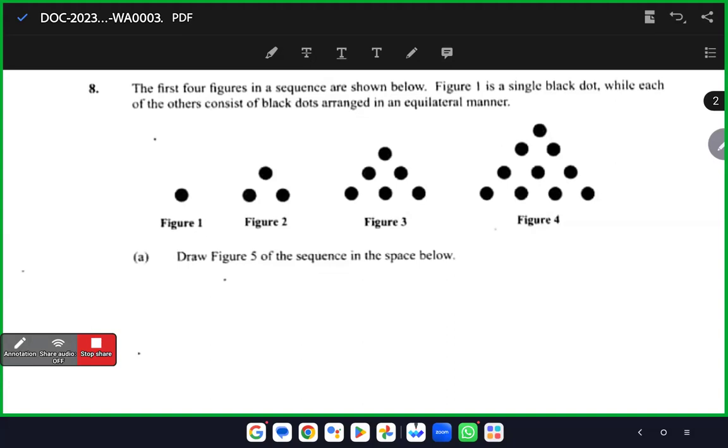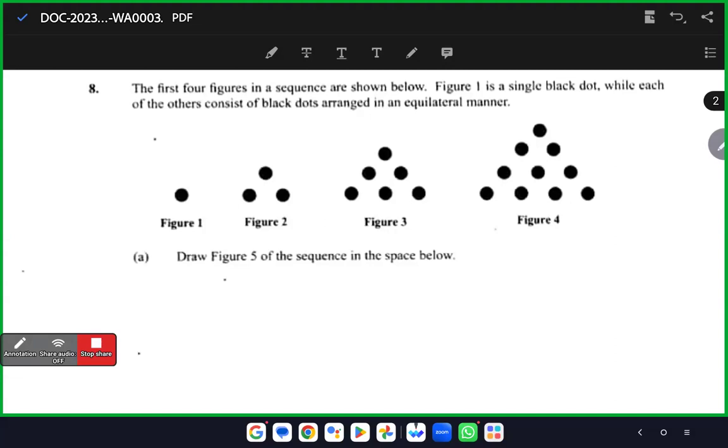In this case, figure 1, as you know, would have been in position 1. So if we had an n for figure 1, n would be equal to 1. Figure 2 is in position 2. Figure 3 is in the third position. Figure 4 is in the fourth position.